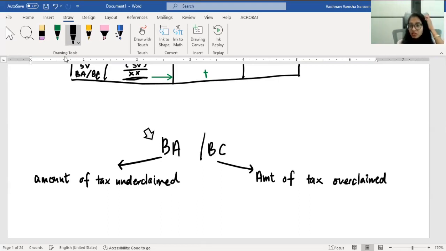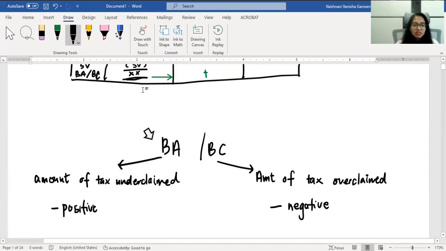Okay, I want to remind you, when you are calculating balancing allowance, it should be a positive value because this is the amount left for you to claim. When you calculate balancing charge, it should be a negative value.